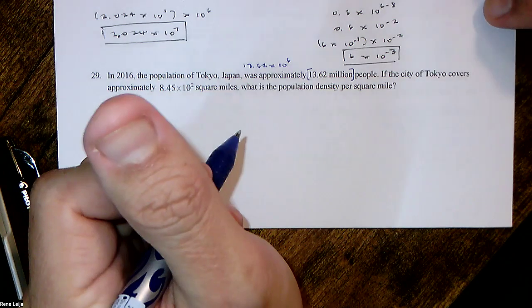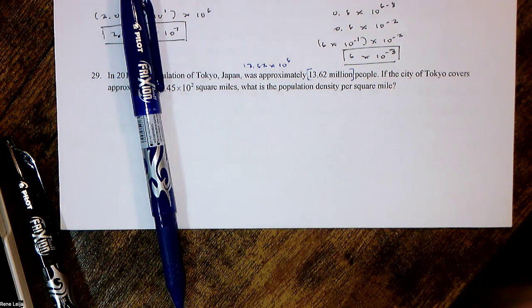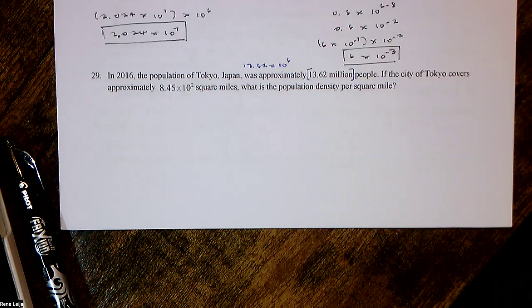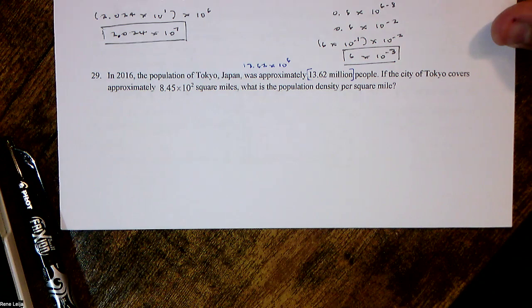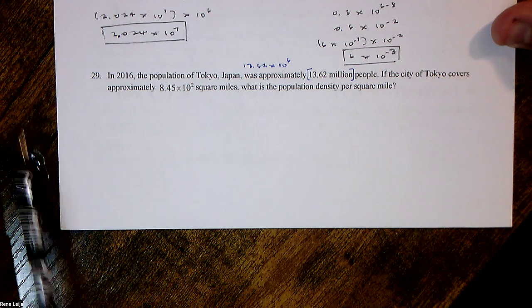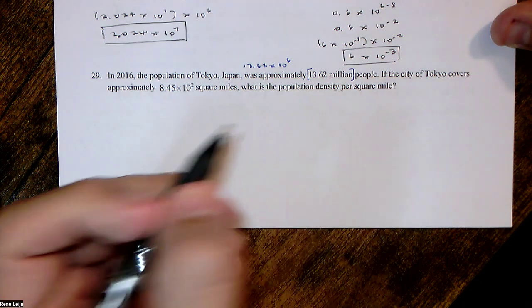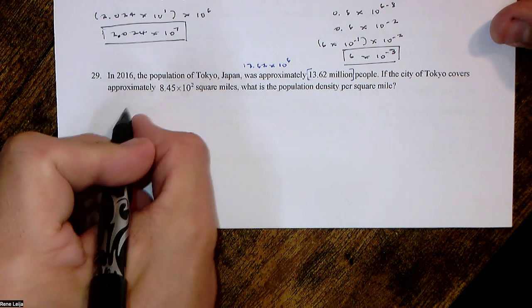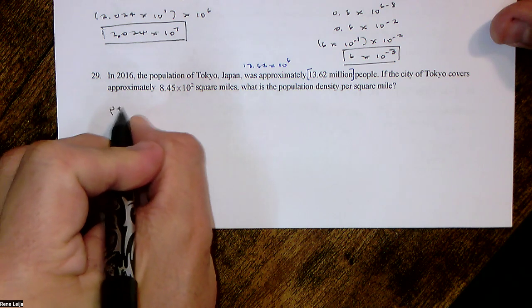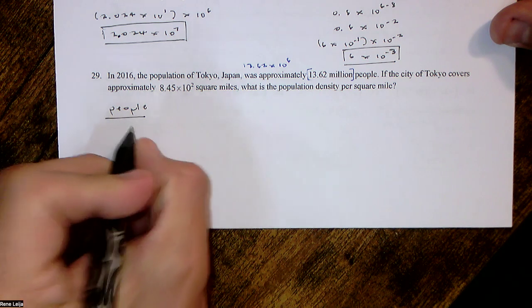Now we're going to leave it alone because we're going to adjust it in a minute. So here's what we're going to do. The population density per square mile means they want to know the amount of people per square mile.